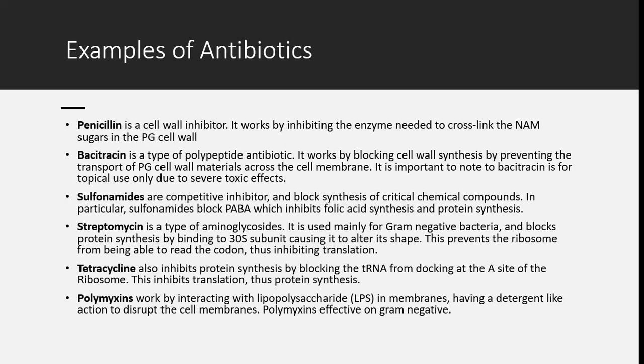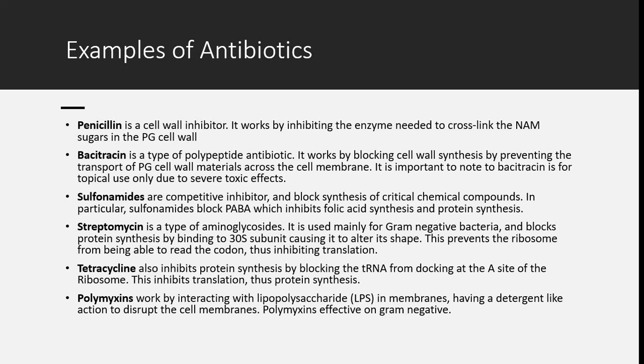So let's move to bacitracin. Now, bacitracin is also going to interfere with the cell wall synthesis, but other than that, it has almost no other similarities to penicillin, because bacitracin is going to be a topical application. It's going to be used for wounds and skin infections, but because of how toxic it is, we don't ingest it. So again, it's topical. But as stated, it does interfere with the cell wall formation.